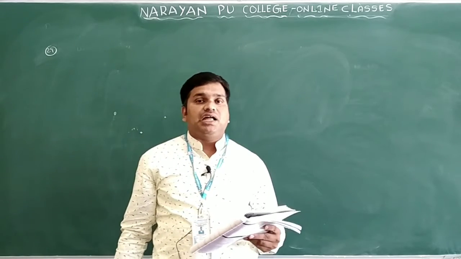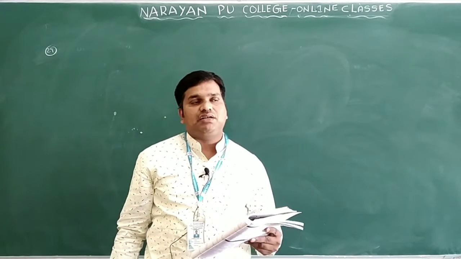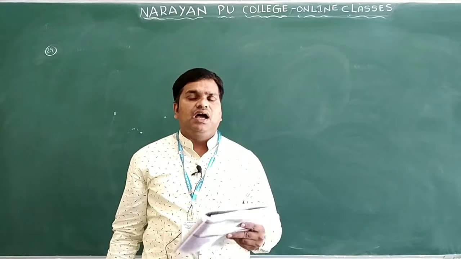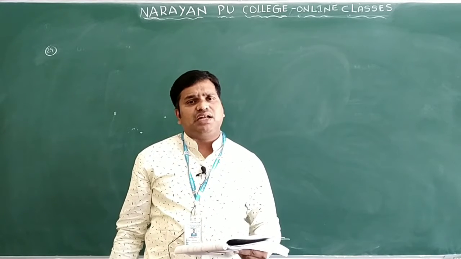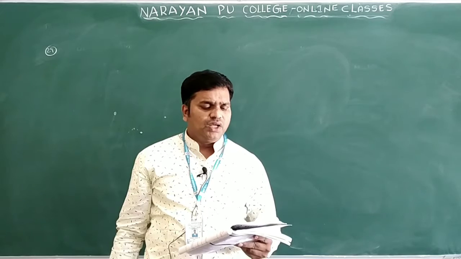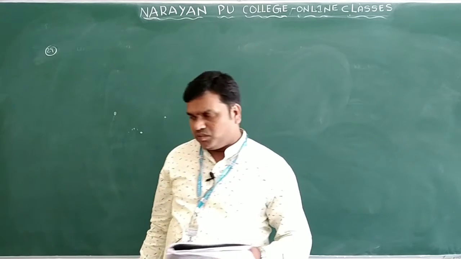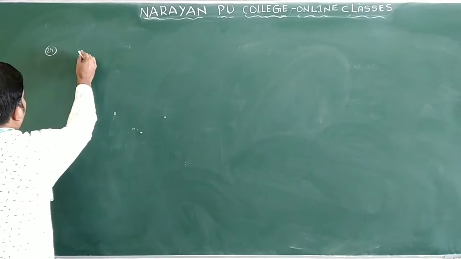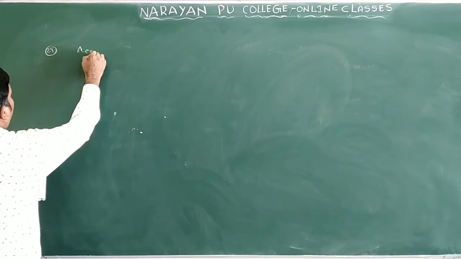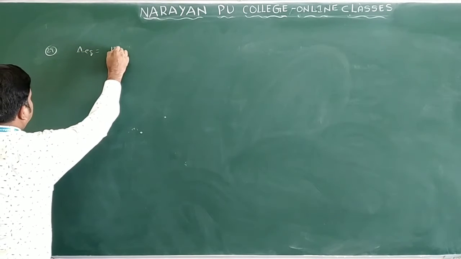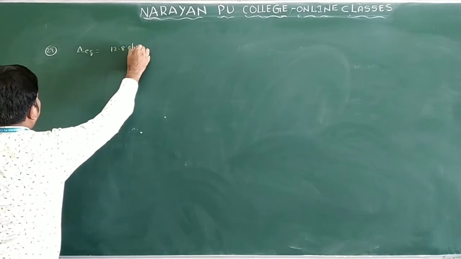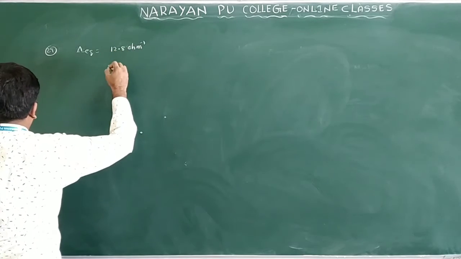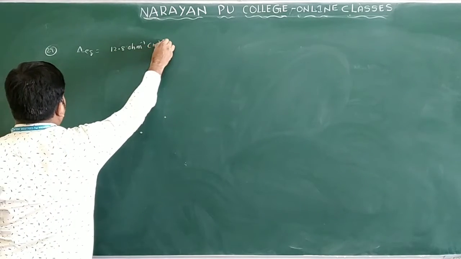Degree of dissociation alpha, you will write molar conductivity by limiting molar conductivity, or equivalent conductivity by limiting equivalent conductivity. You know the formula. Here the equivalent conductance of 1 molar benzoic acid is given, that is 12.8 ohm inverse centimeter square.